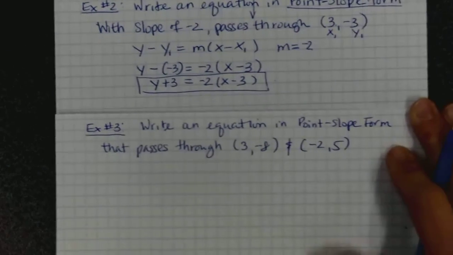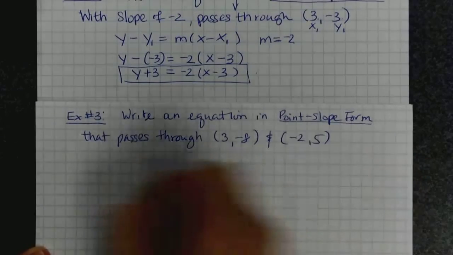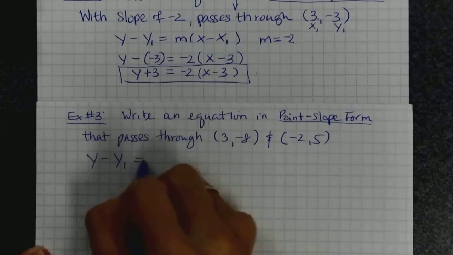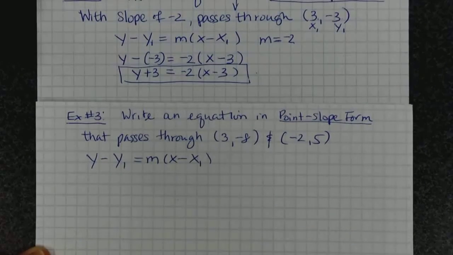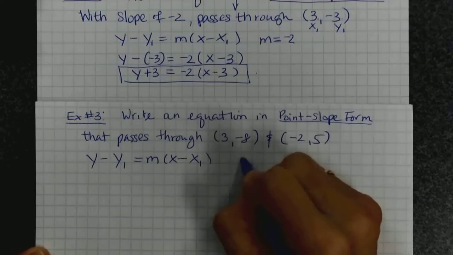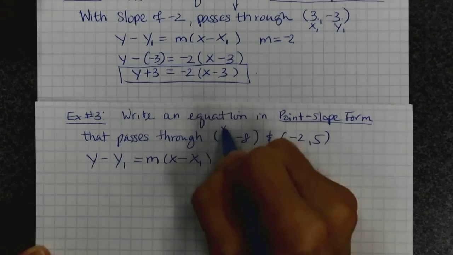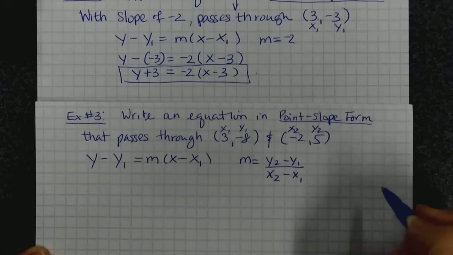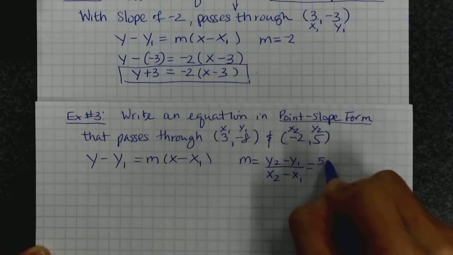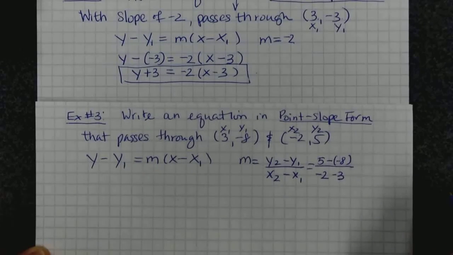So in this example, the slope is not given. To write an equation in point-slope form, which is y minus y1 equals m times x minus x1, I need to find my slope. So remember, slope is y2 minus y1 over x2 minus x1. So x1, y1, x2, y2. If you use the formula, my slope will become 5 minus -8 over -2 minus 3.